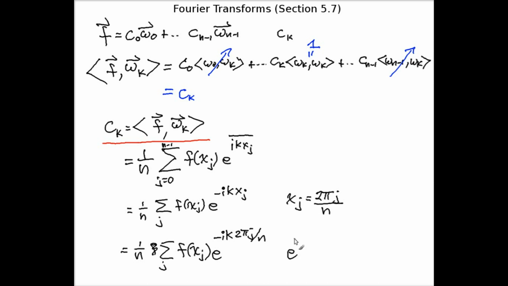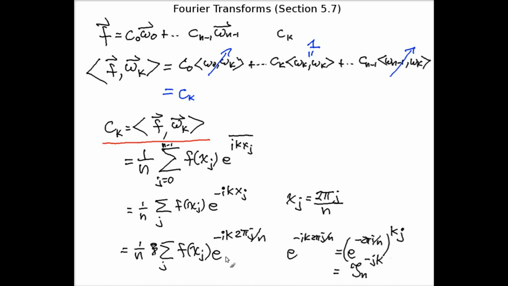What is e to the minus i k 2 pi j over n? It's this fixed number, e to the minus 2 pi i over n, to the k times j. And I'm going to write that as zeta_n to the minus j times k.